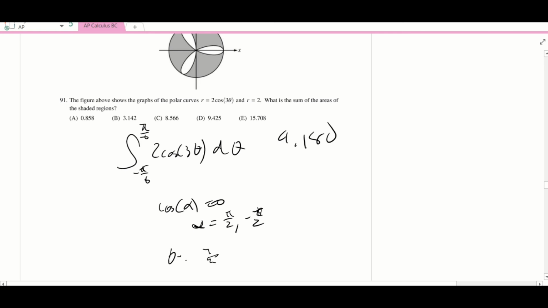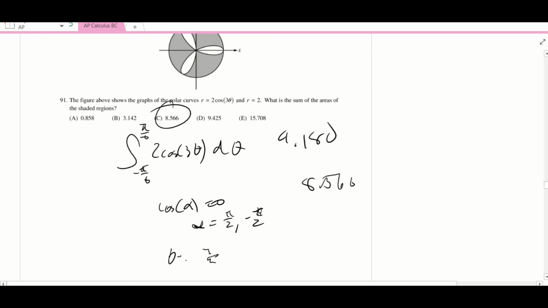So now we can plug this into the calculator finally after changing the mode from degrees to radians. Negative pi over 6 to positive pi over 6 of 2 cosine 3x dx, 1.3 repeating, times 3, which is 4, and we have 4 pi minus 4, 8.566, which is finally an answer.